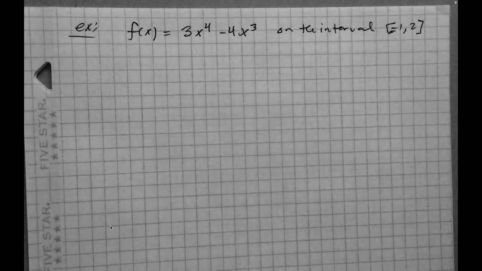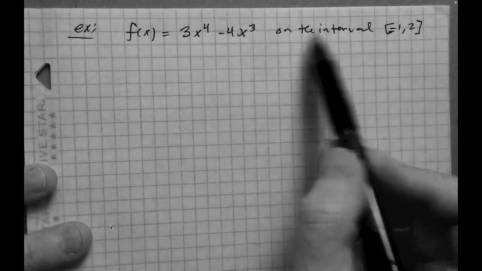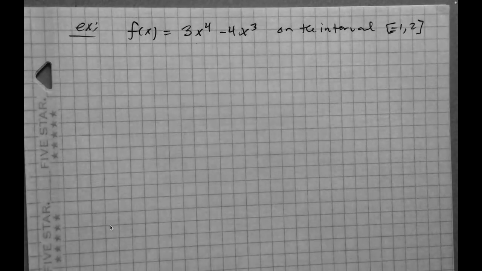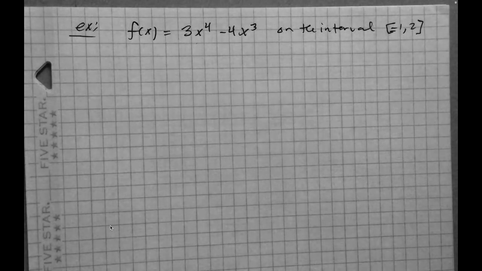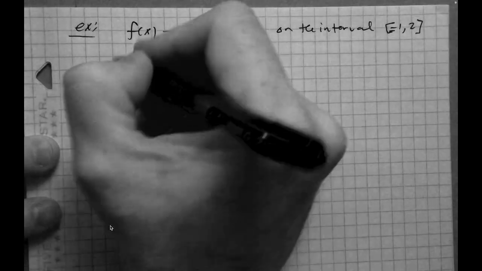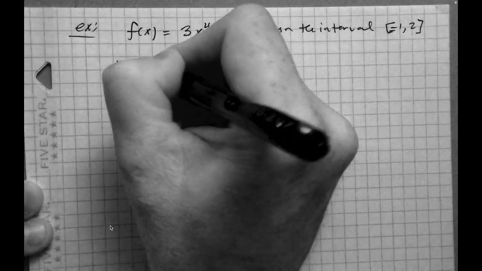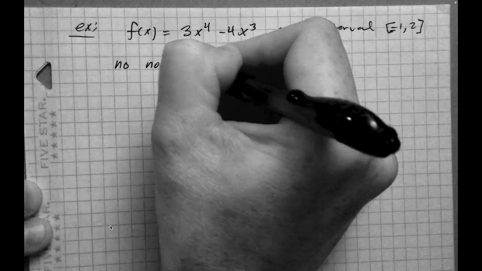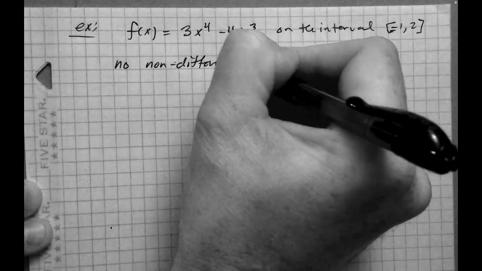So first of all, this is a polynomial, so there's no issue with non-differentiability here. This is a smooth, continuous function, nothing to worry about. So no non-differentiable points.